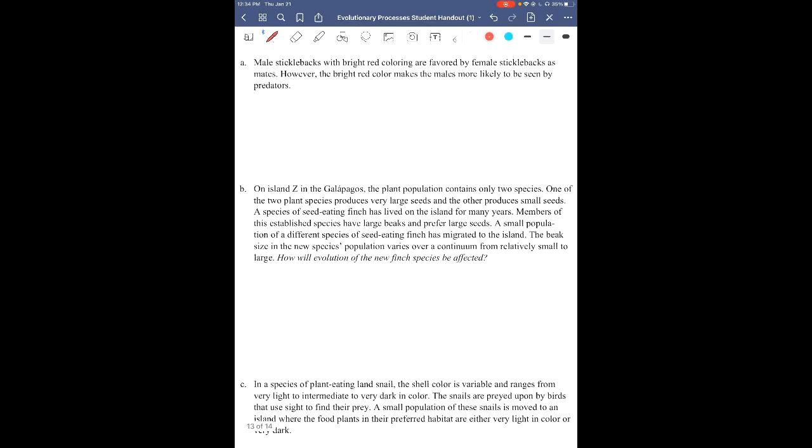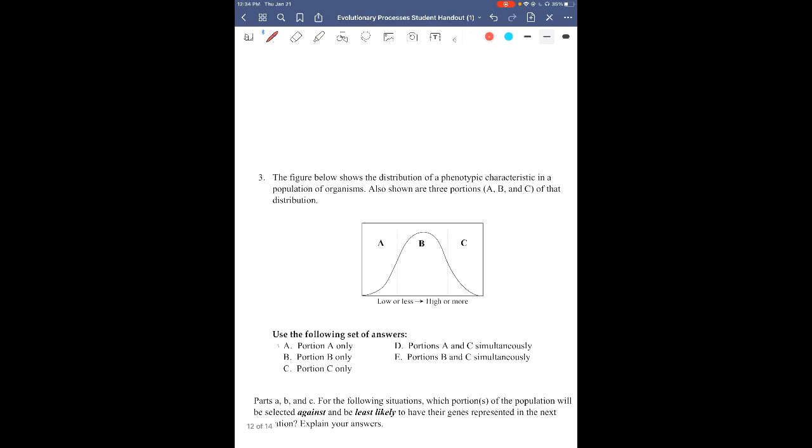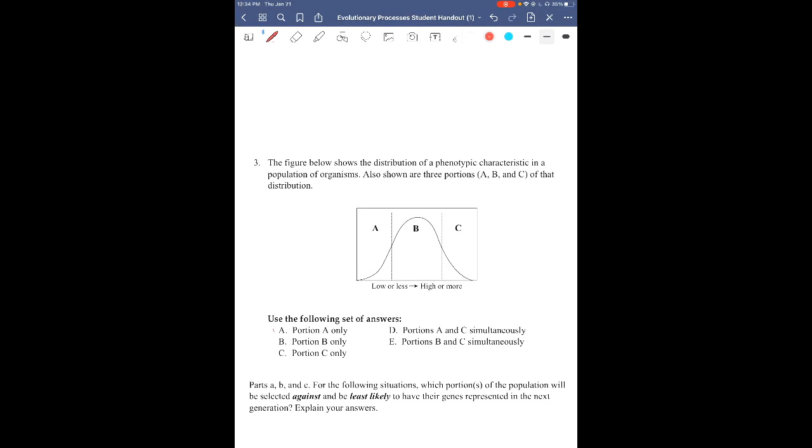However, the bright red color makes the male more likely to be seen by the predators. So, based on this graph, what part of the graph do you think will be affected the most?